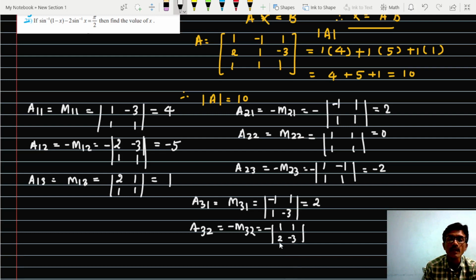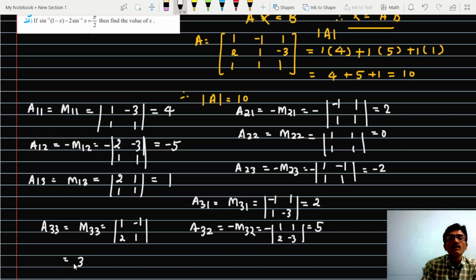See here, minus 3 and minus 2, minus 5, it will give us plus 5. Then last is A33. It is equal to M33, and it is the value of this determinant M33. 1 minus 1, 2 1 2 1. Expansion of this is equal to what? 1 plus 2, that is 3.